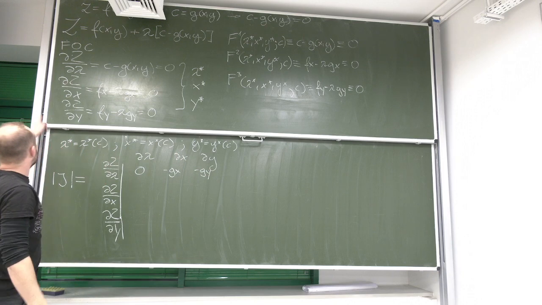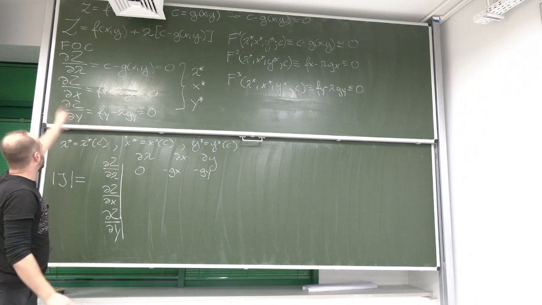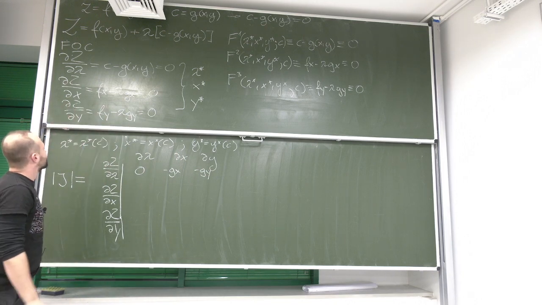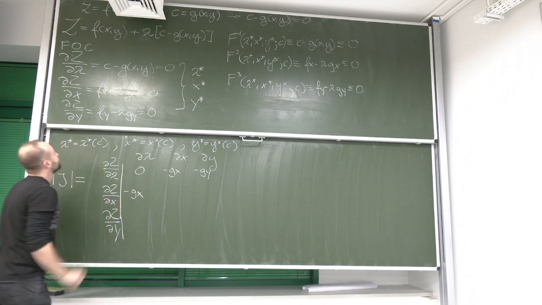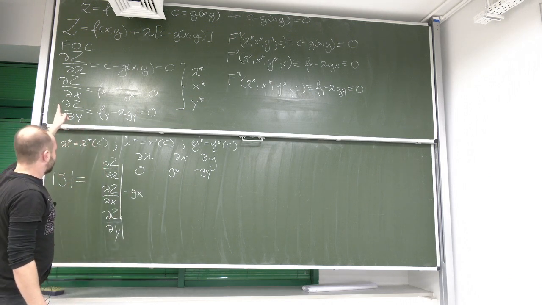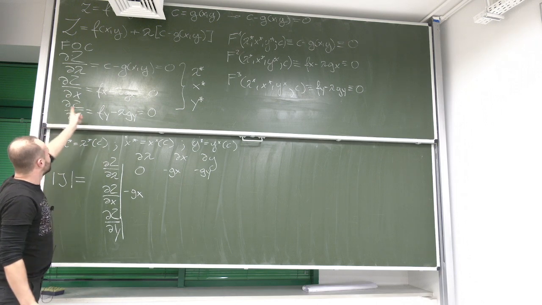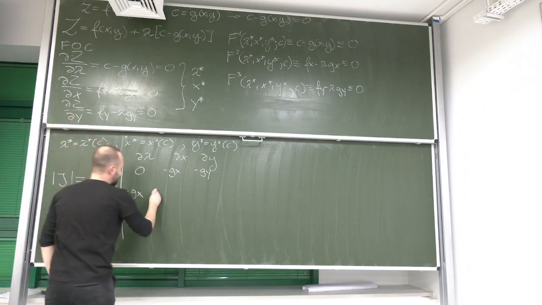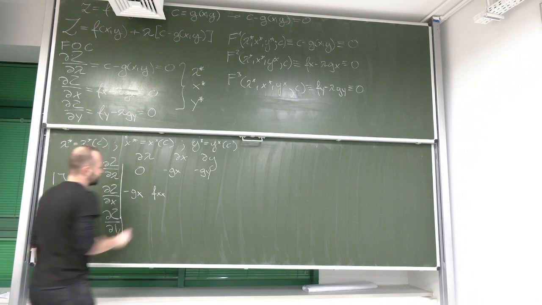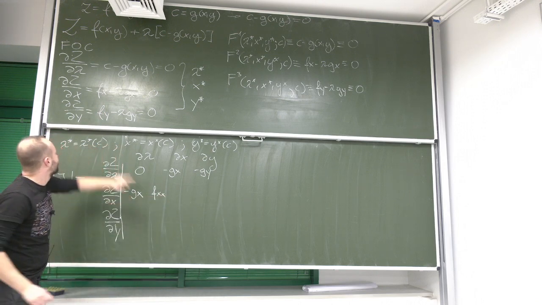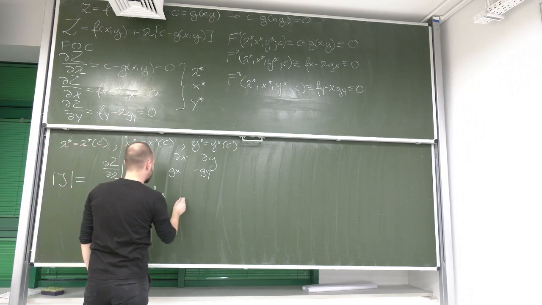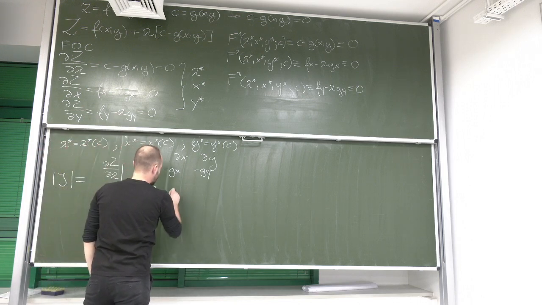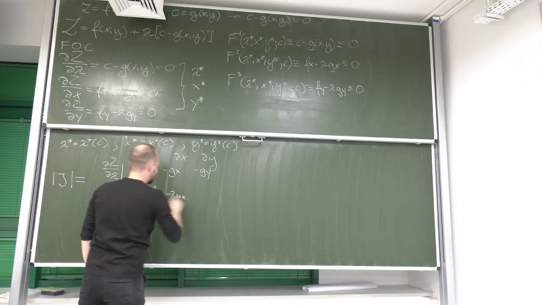Then we differentiate the second equation first with respect to lambda. We get negative gx. Then we differentiate it with respect to x, so we get fxx. So we differentiated function f with respect to variable x twice, and then we've got minus lambda gxx.